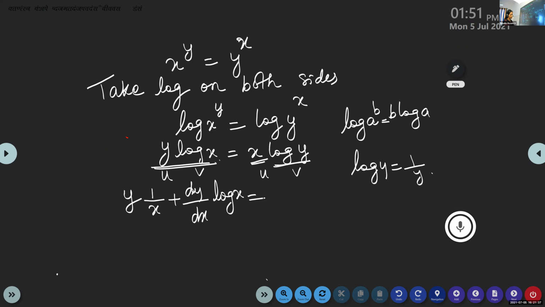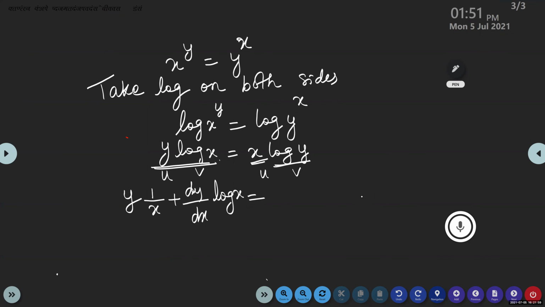Differentiate and give the second part, the RHS.